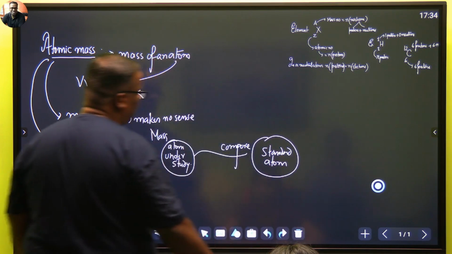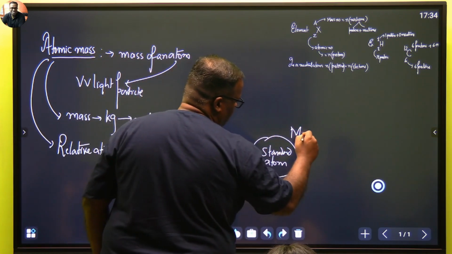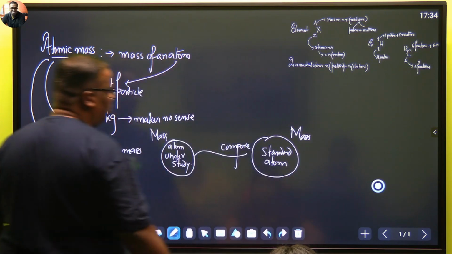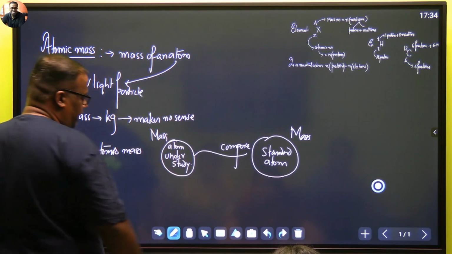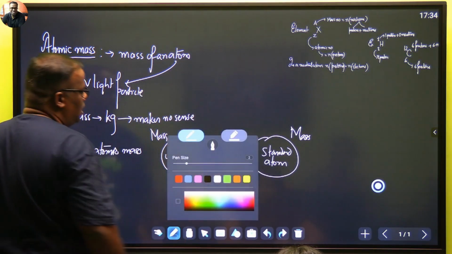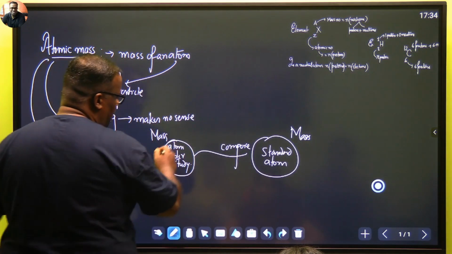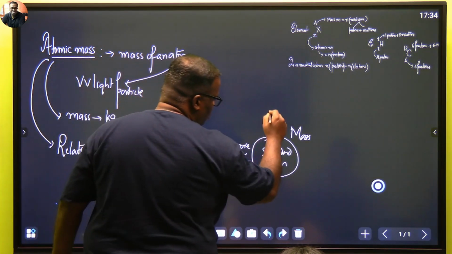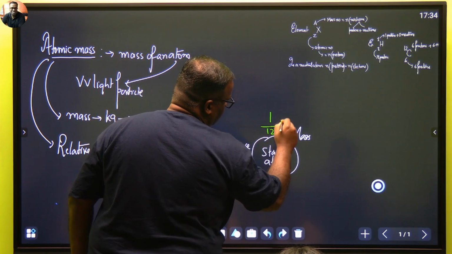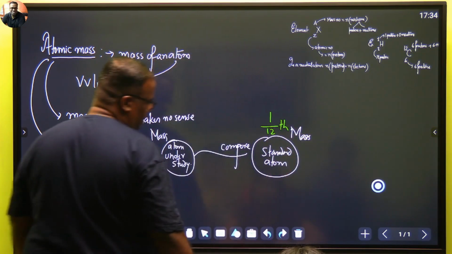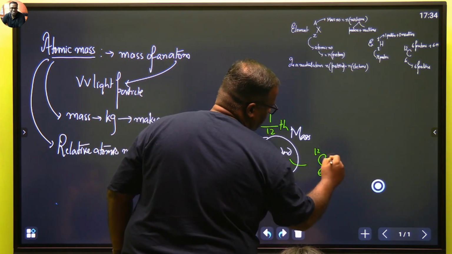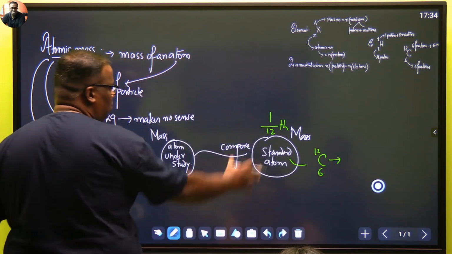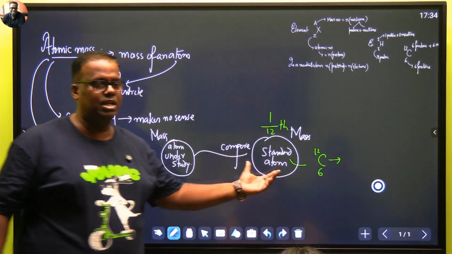However, I will not be comparing mass to mass directly. There comes another change here. I'll compare the mass of this atom to 1/12 the mass of this standard atom, and the standard atom is taken as carbon 12.